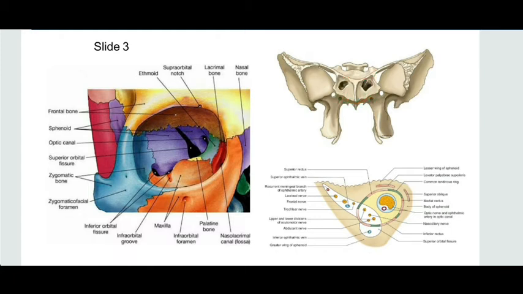The medial end of superior orbital fissure is wider than the lateral end. The long axis of the fissure is directed laterally, upward and forward.